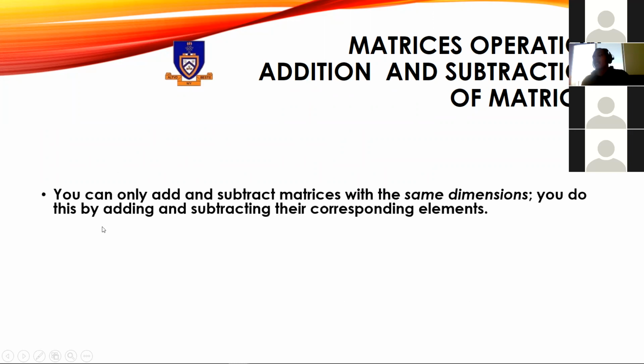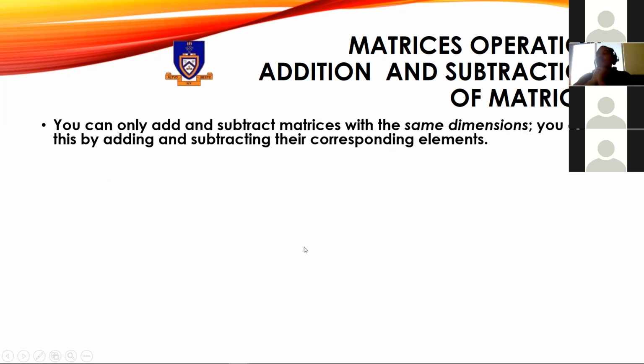Okay, thank you. All right, so let's look at matrix operations by addition and subtraction. So we are adding two matrices together. This is not scalar quantities. With scalars, we can only multiply, or we can try and factor out something if we need to factor out, but we can only multiply.